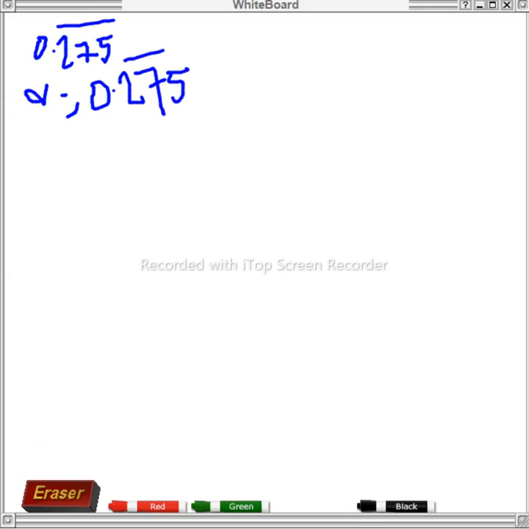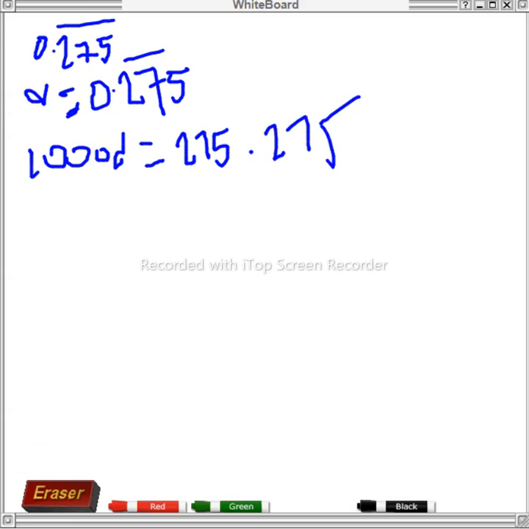Then multiply both sides by 1000. We get 1000d equal to 275.275 because 275 is repeated. Let us subtract. When we subtract d from 1000d, we get 999d. We also get 5 minus 5 is 0, 7 minus 7 is 0, 2 minus 2 is 0.